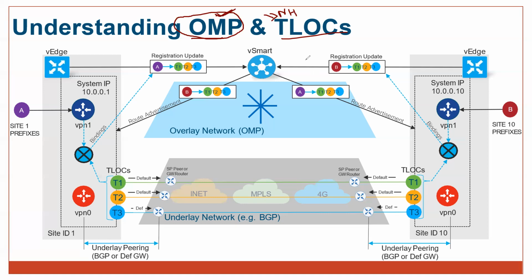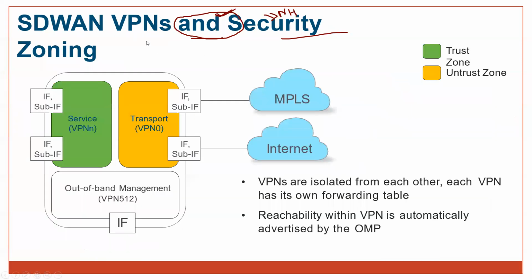Let me go back one slide. Okay, this is perfect. Here you can see this particular diagram. In this diagram, you can see clearly that you have VPN 0, where is it going? WAN.